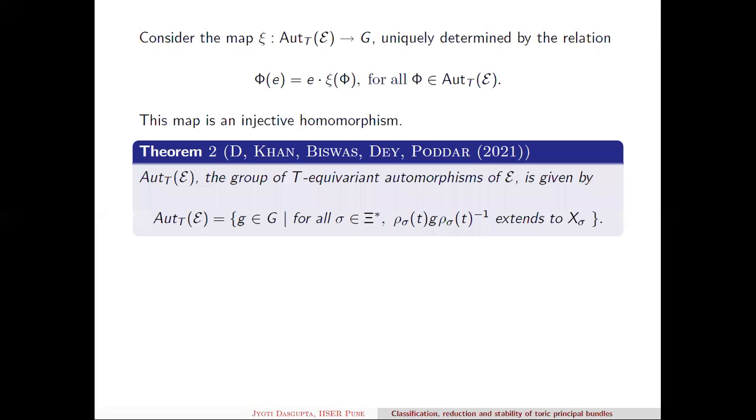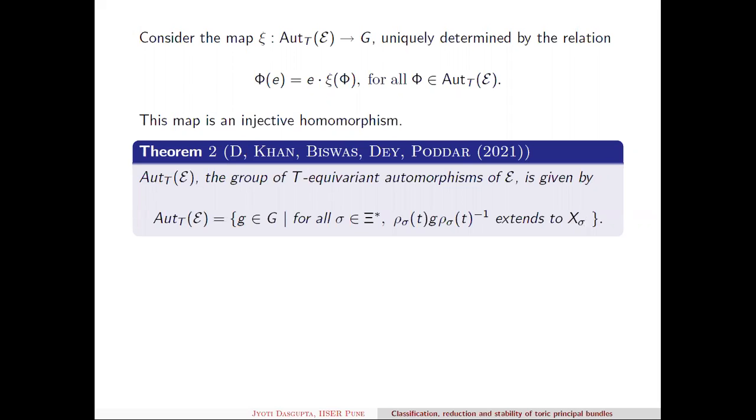It is basically given by the collection of all such g such that for all fixed points, we have this extension condition: rho sigma T, g rho sigma T inverse extends to X sigma. And if we restrict our attention to reductive groups, then we have an even nicer description in terms of some parabolic groups.